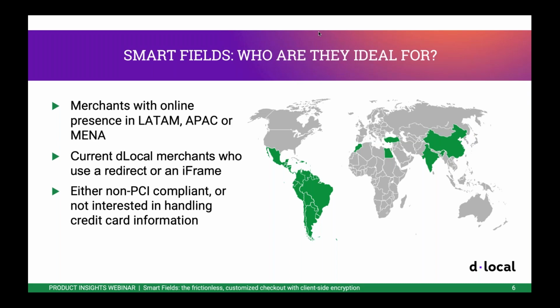This is a stringent certification process. If you're PCI compliant, you probably have gone through this process, so you know what it means. If you haven't, that means you are not PCI compliant. At dLocal, we are PCI DSS level compliant. And so the solution specifically is designed for those who are not, once again, or merchants who are handling credit card information through a third party.